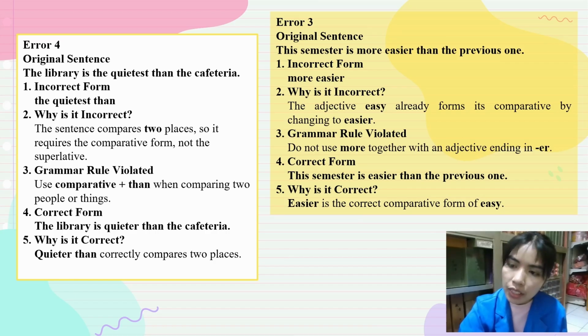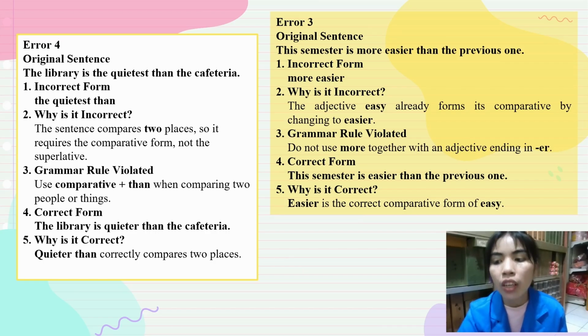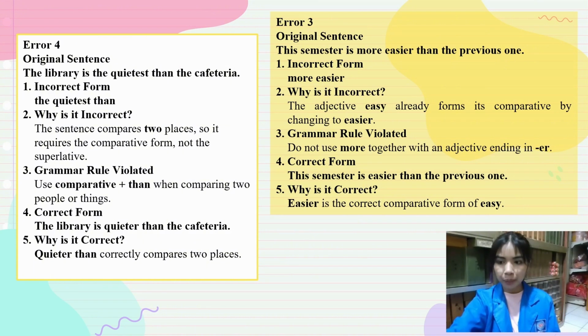The adjective easy takes -er in the comparative form. And in the fourth sentence, "the greatest than" is incorrect because only two places are compared. Therefore, the correct form is greater than.